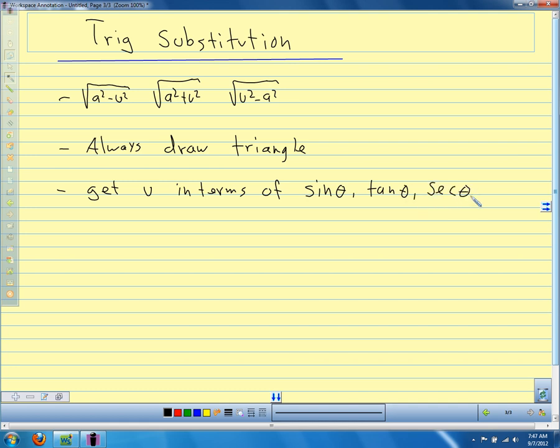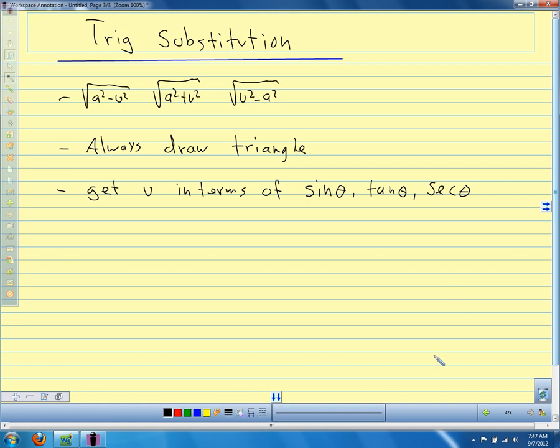That's my preference, just because that way you usually end up not having to work with the cofunctions. Usually you don't have to work with cosecant and cotangent. So I always try to get my x, my function, in terms of sine, tangent, and secant.